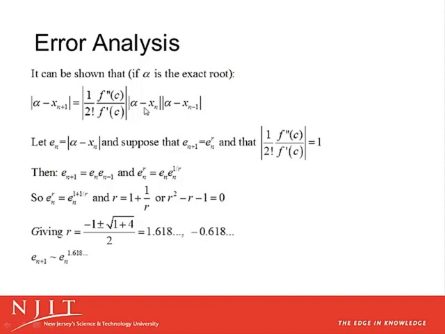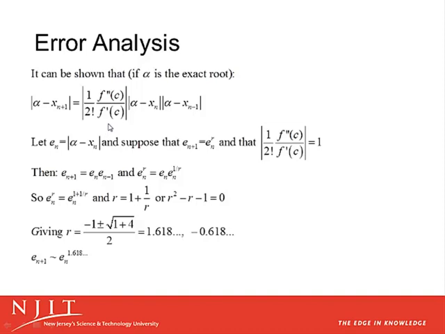For Newton's method, we had the error at the nth step squared. Here we're depending on two previous iterates. So what we find is that the error at the new step is proportional to the error of the previous step times the error at the step before that.